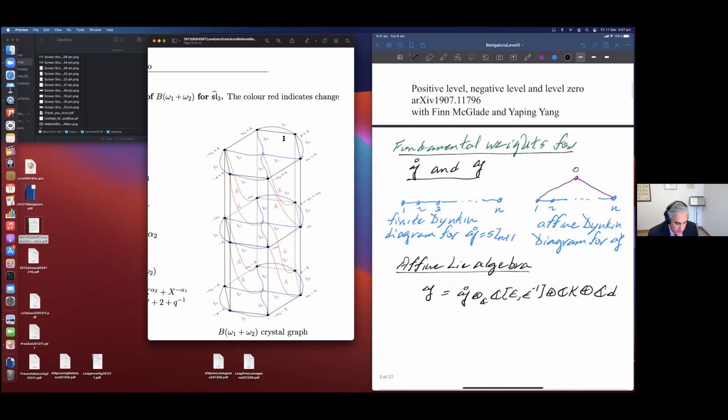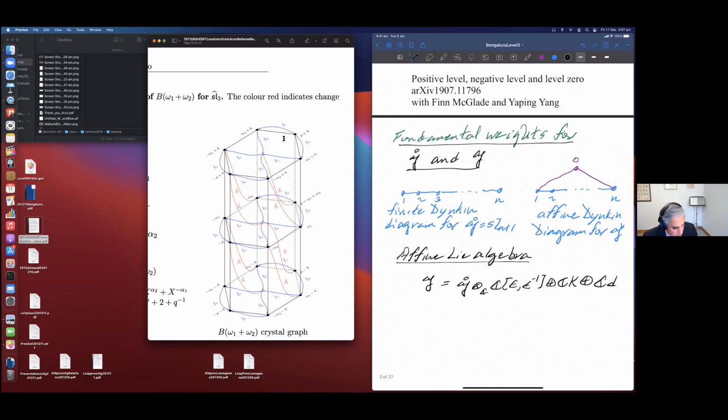And I won't define the bracket. We don't need any formulas. But there is a bracket on this thing. And very importantly, because it's Kac-Moody, it has a corresponding quantum group, quantum affine algebra, which I will denote by U_T(G).